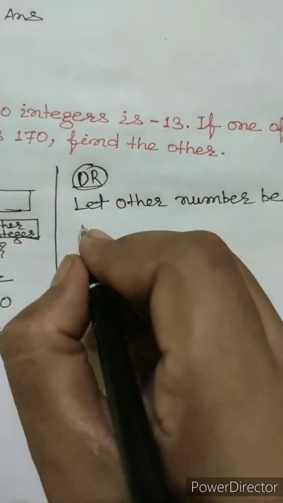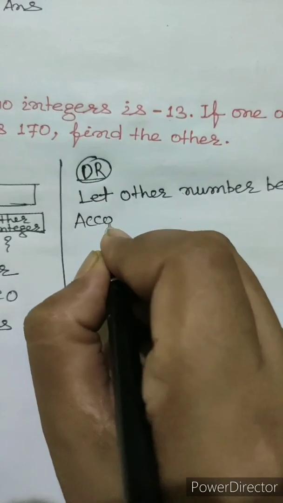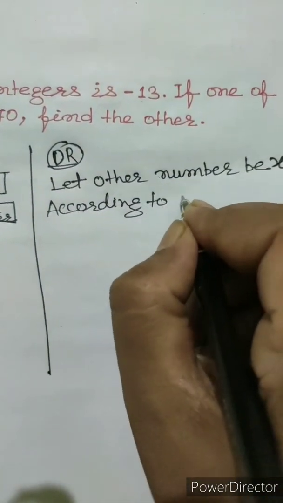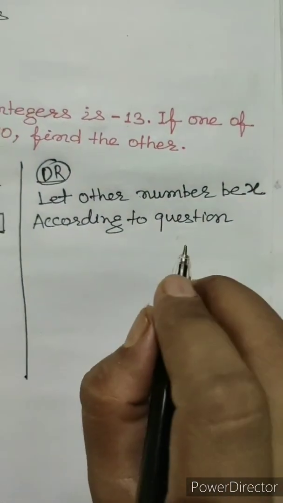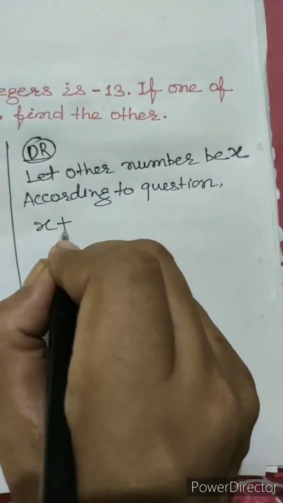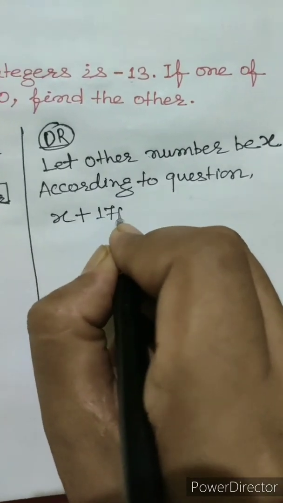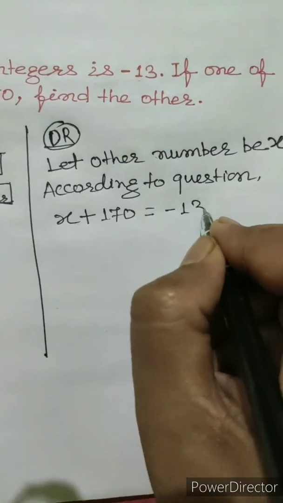So what will be happening according to question? According to question, x plus 170 equals the sum given, minus 13. The sum is given.